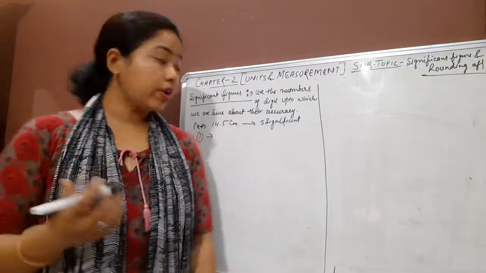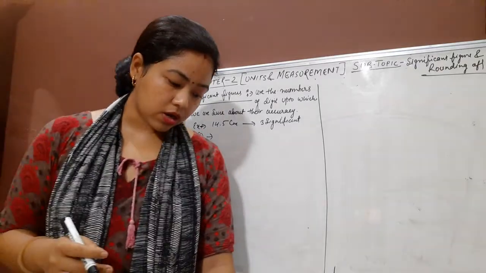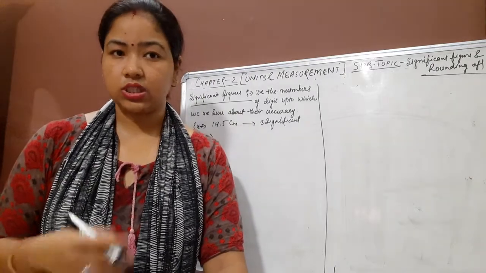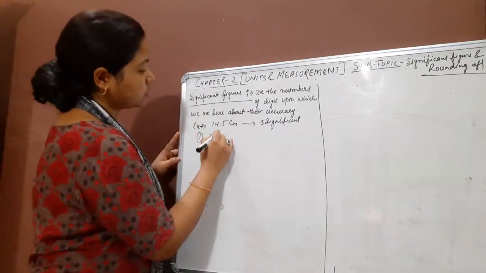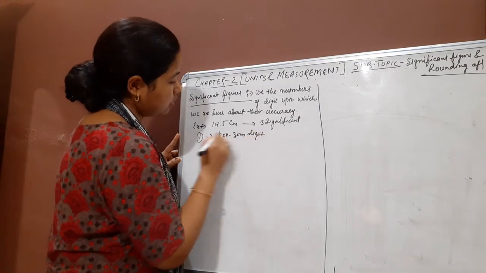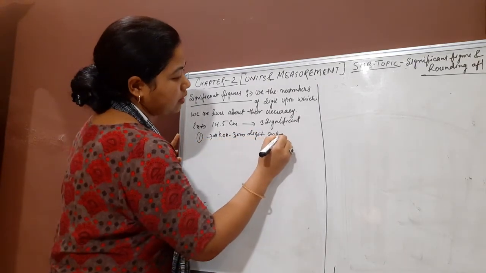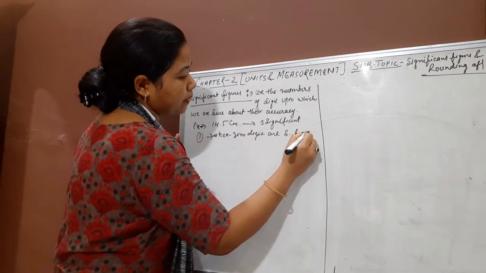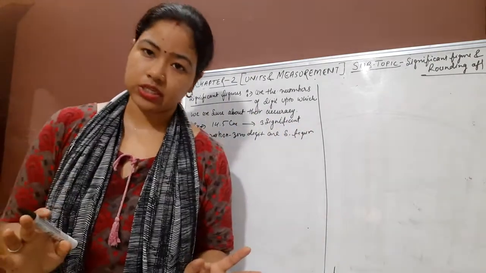Then, rule number 1 says that all non-zero digits are significant figures. जितनी भी non-zero digits होंगी वो सारी significant figures होंगे.